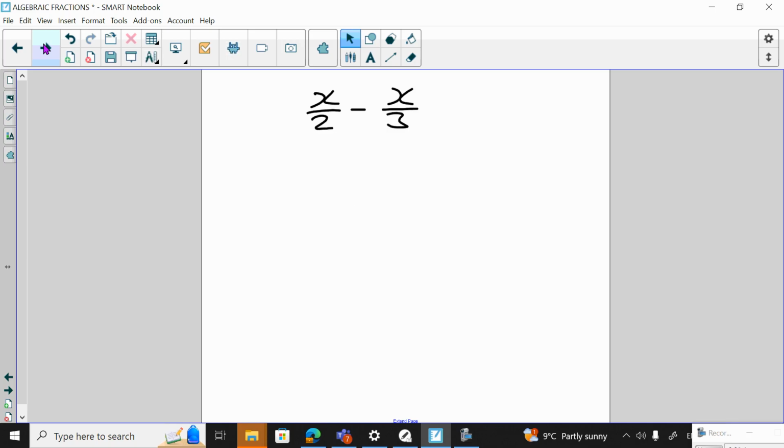Right, okay. Let's go for this one. There's my row in place. Bottoms together, diagonals up and across.